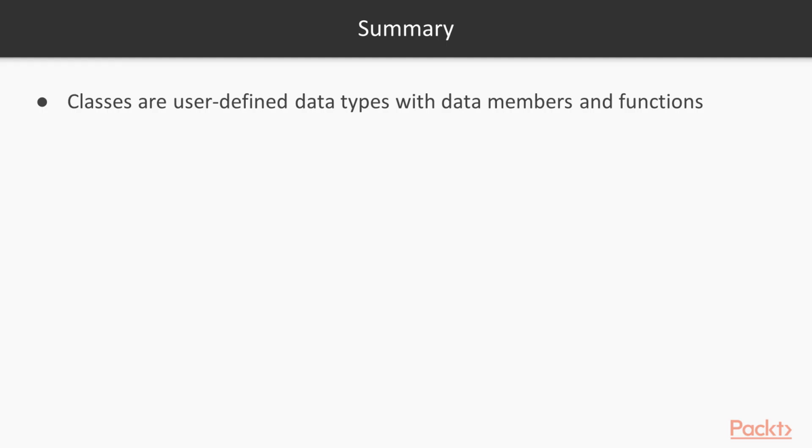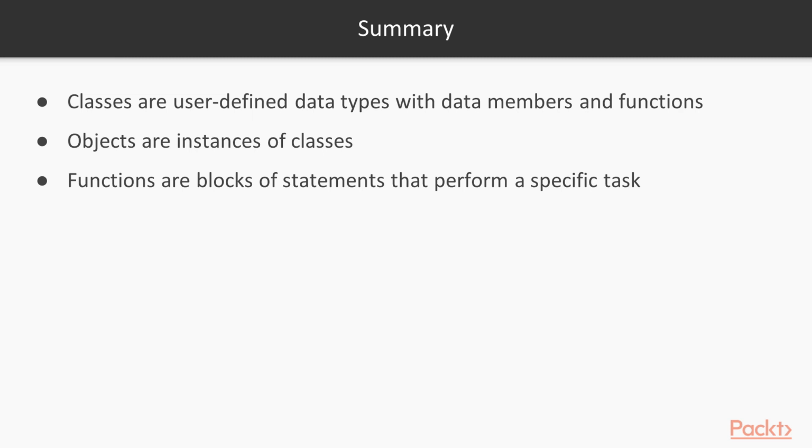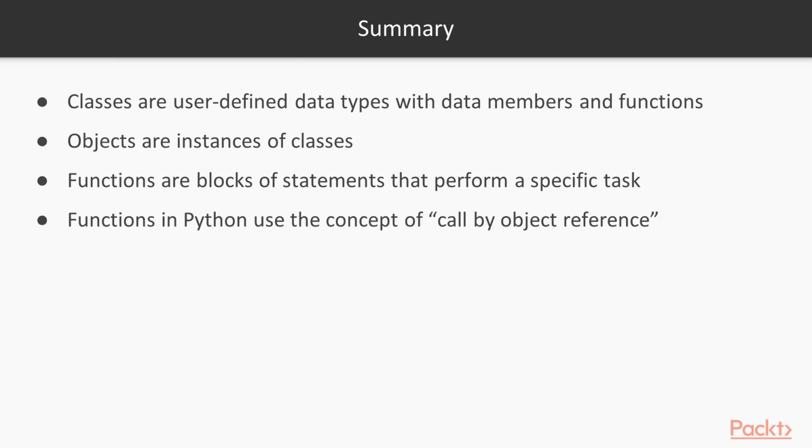So a quick recap of what we have learned here. Classes are user defined data types with data members and functions. By data members we mean variables. Objects are instances of classes which help us manipulate the various data members and use the class's functions. Functions are basically a block of statements which perform a specific task. Functions in Python use the concept of call by object reference.